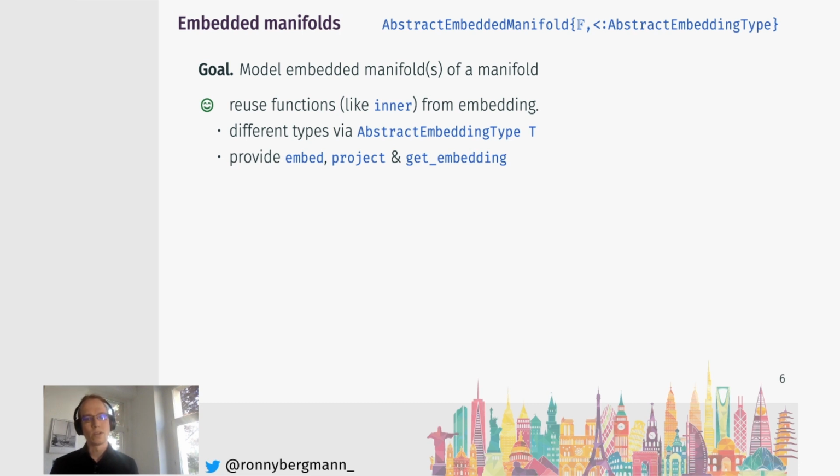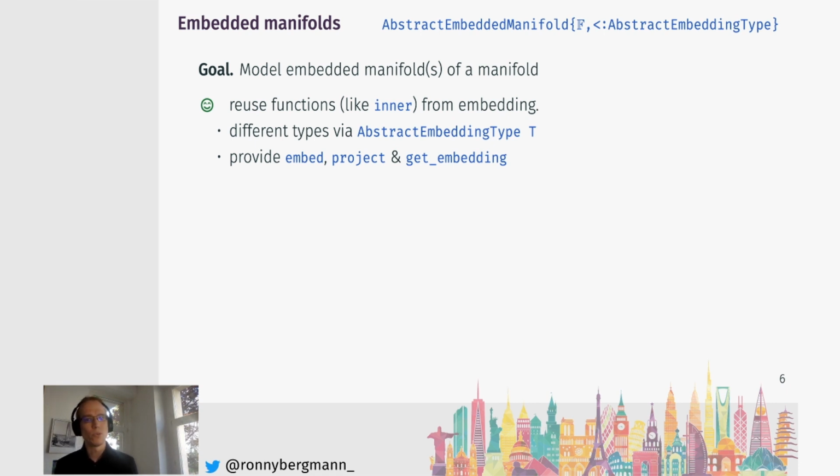Another decorator are embedded manifolds. So that's the idea of reusing methods that are defined on larger spaces where you can embed your manifold. The sphere S2 can very easily be embedded, or is even represented for most cases, in R3 as unit vectors.